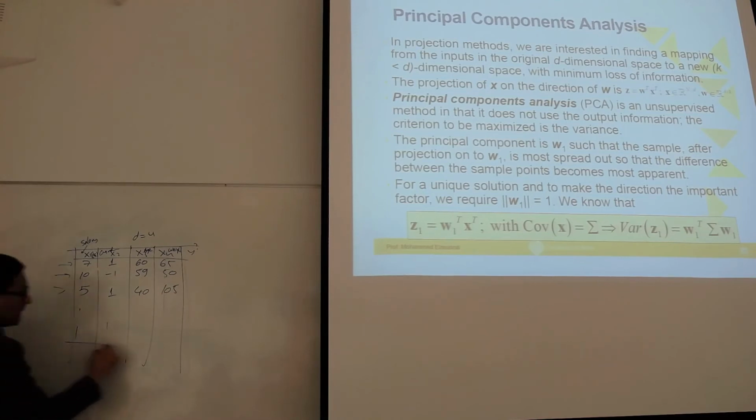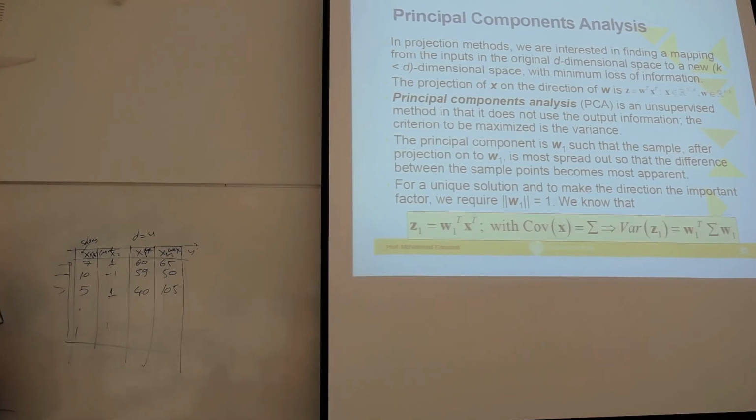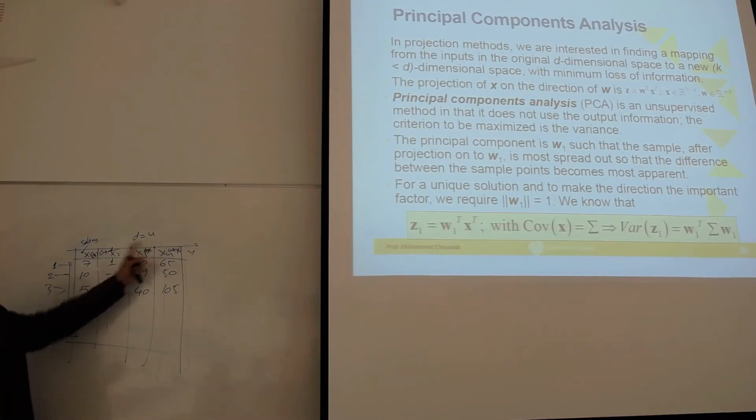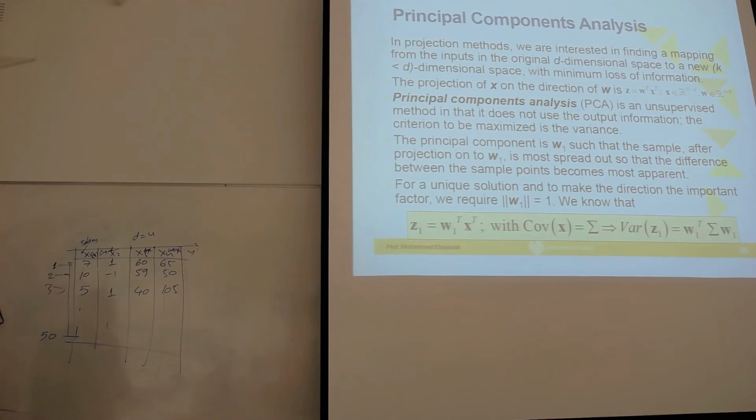So this n is the number of available data. Assume that this is customer 1, customer 2, customer 3, until customer 50. So we have 50 customers, and D equal to 4 is the dimension, or the number of features.